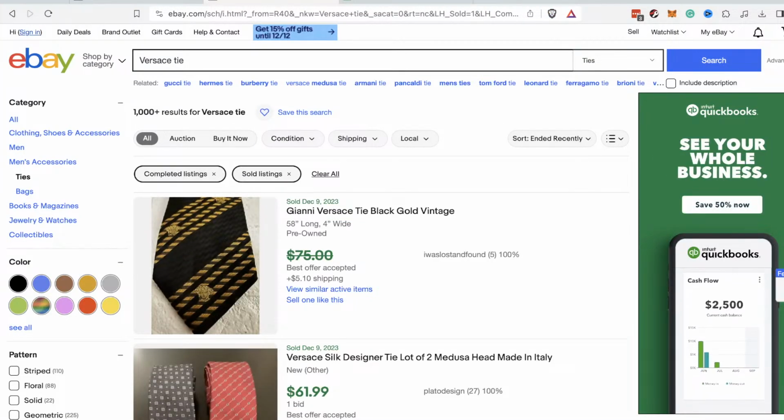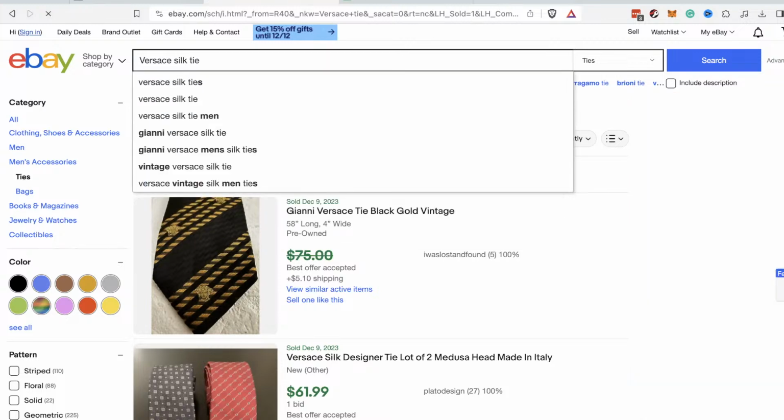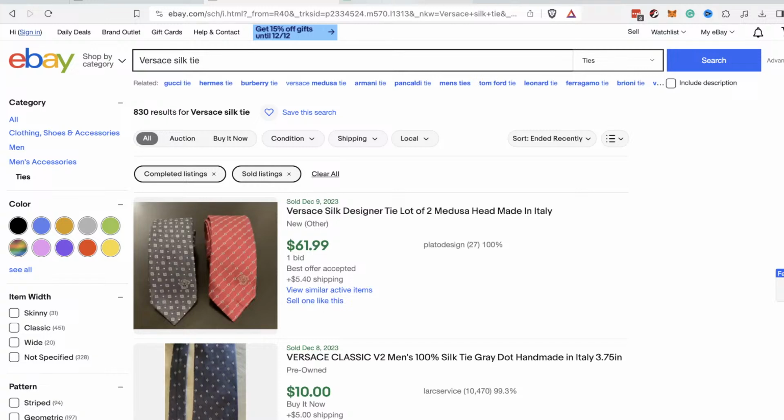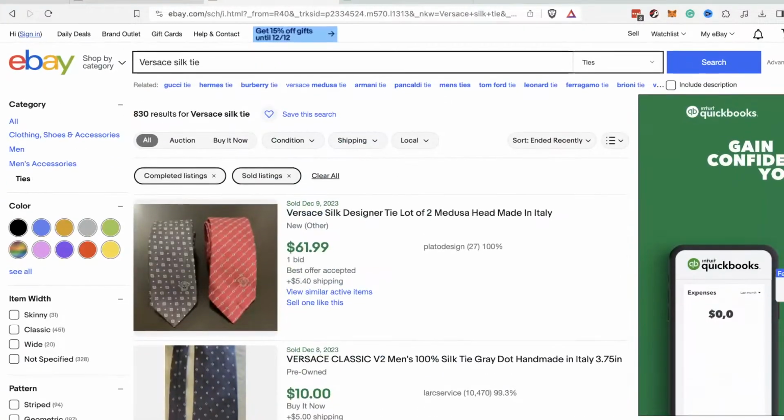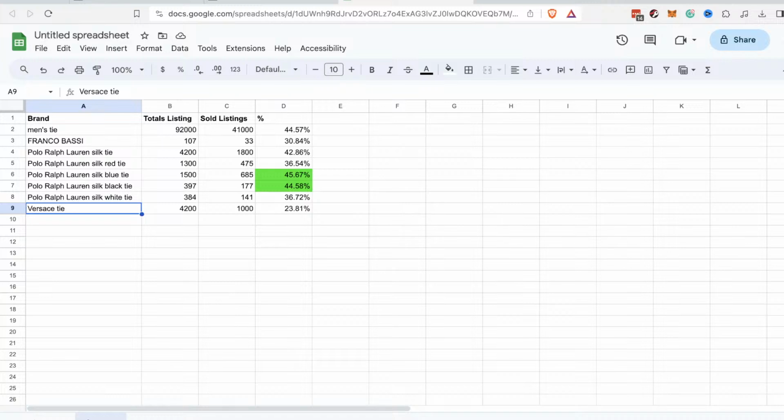Now, let's dig into the data a little bit. Let's see if we can look at a silk tie. Maybe a silk tie is a little bit different. So silk tie, I think these are sold. Yeah, I can see sold right there. $830.